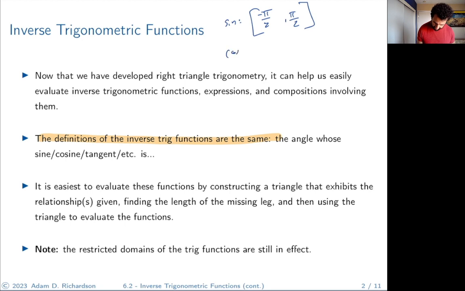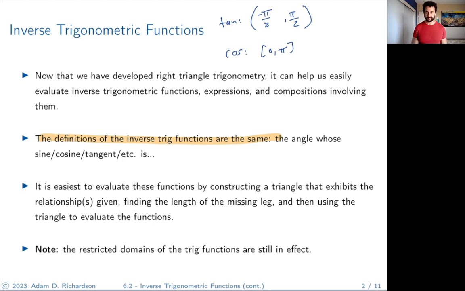And then for cosine, the restriction was 0 to pi inclusive. And then tangent, it was negative pi over 2 to pi over 2, but now it's exclusive. Negative pi over 2 to pi over 2 exclusive. But that's all we really need. So everything is still the same.